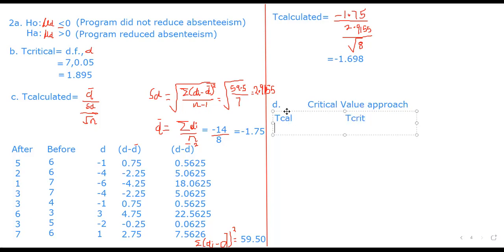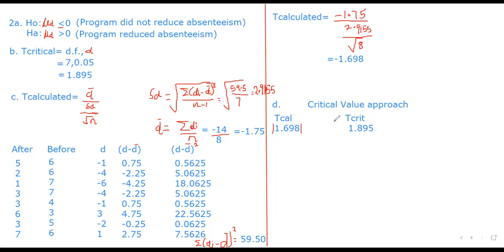The T-calc is negative 1.698, but we need the absolute; we don't pick the negative. Then T-crit we got 1.895. Don't forget to bring the absolute signs here, because this one was negative.